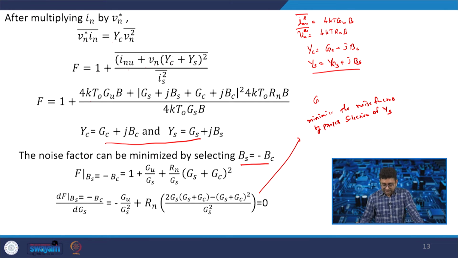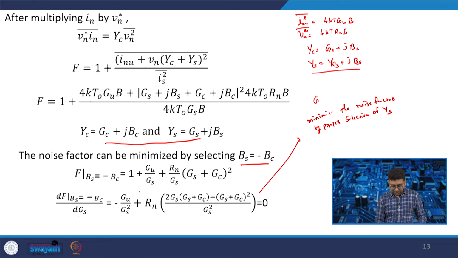So to minimize the noise factor, we can already consider Bs equal to minus Bc, and then if we differentiate the noise factor with respect to Gs and equate it to 0, we can find the value of Gs that will give the minimum noise figure that we want.